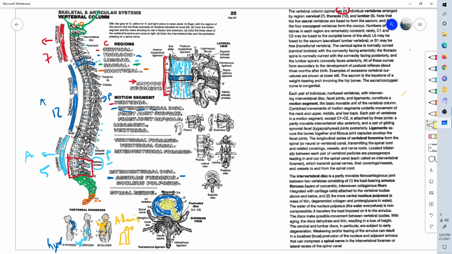The jelly from the donut, the nucleus pulposus, bursts through the outer annulus fibrosus and presses on the nerve that is exiting the spinal column right here, the spinal nerve. Here you can see a free spinal nerve, and here you can see one that's being protruded upon. Obviously, that's going to cause pain, numbness, tingling, weakness.